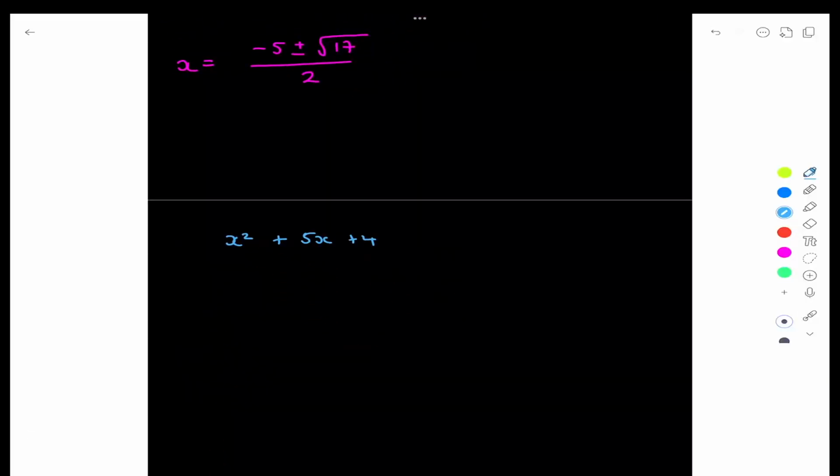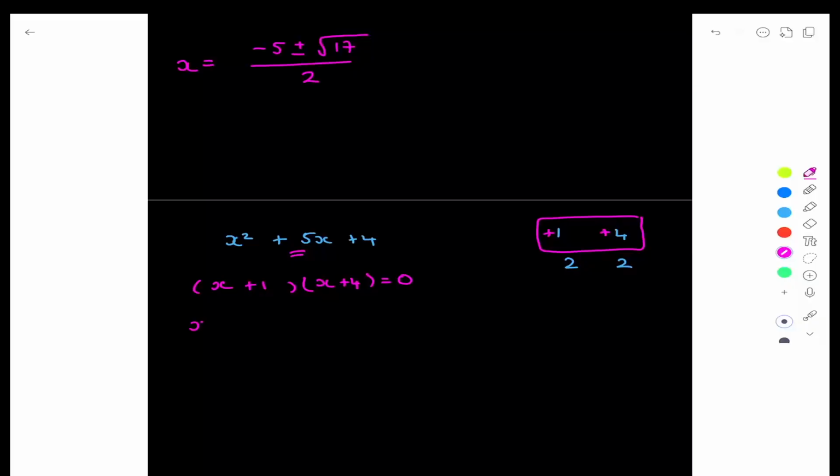We could factorize this quite easily. The factors of 4 are 1 and 4, and 2 and 2. 1 and 4 add together to give me that 5. They would both have to be positive, and they multiply together to give me positive 4. So we could write this as x plus 1 and x plus 4.